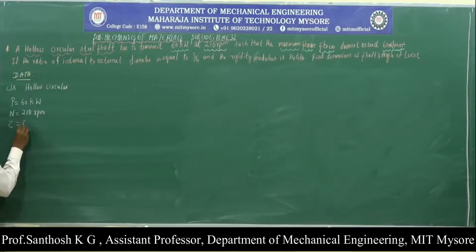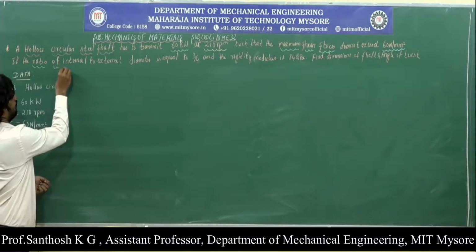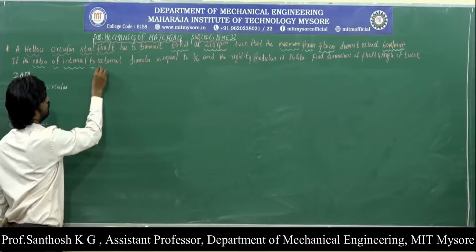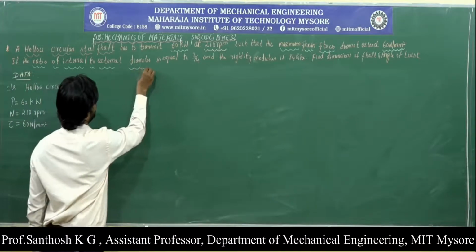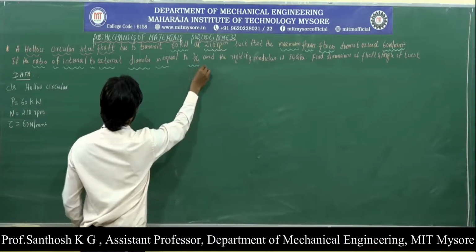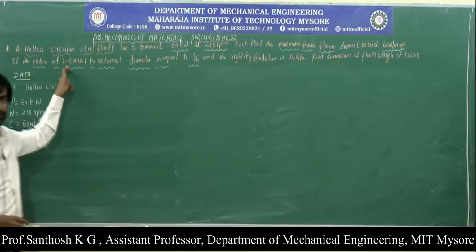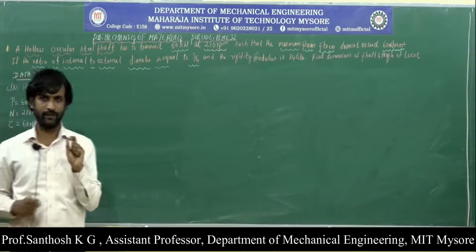It will be equal to 60 Newton per millimeter square. Then they have given the ratio of internal to external diameter as 3/4. In a hollow shaft, we have two diameters.